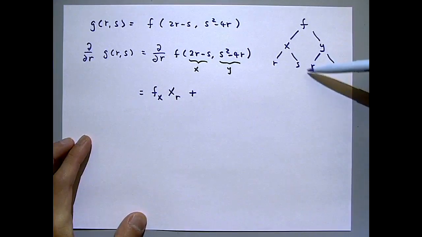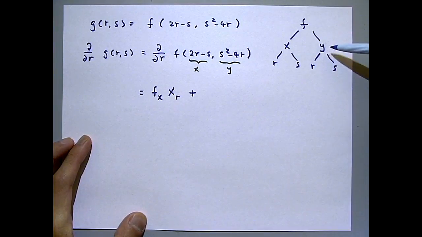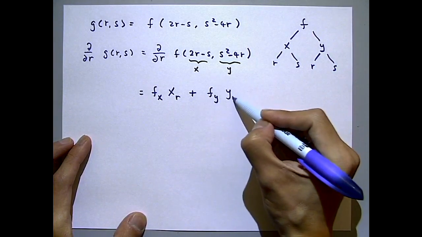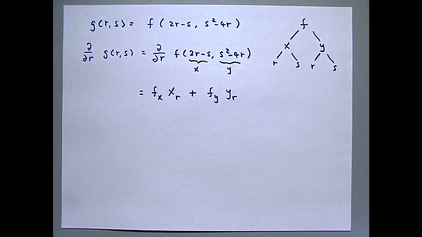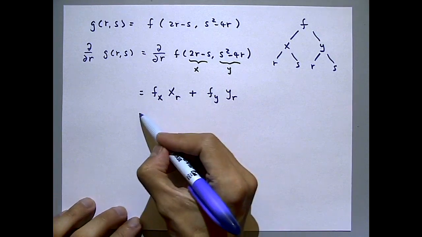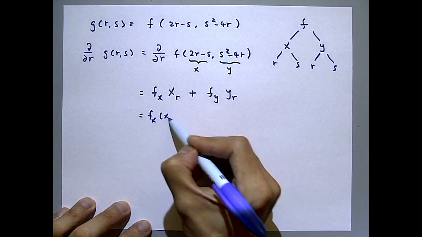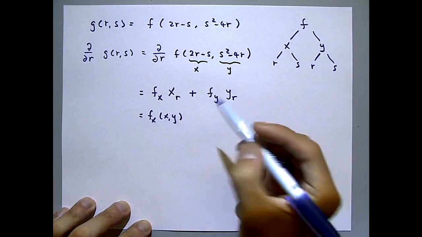Then the other route, f_y, and then y_r. So we've got to remember now, f_x is a function of x and y.